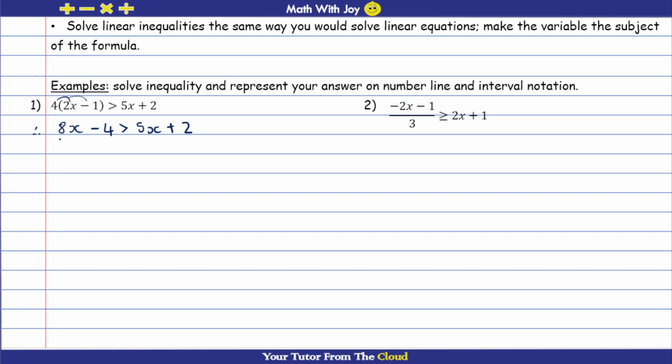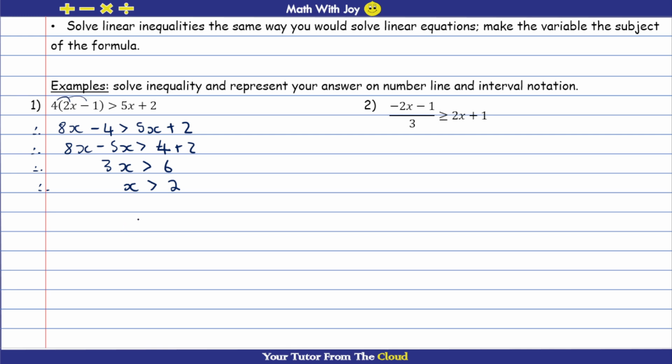Then I take the variables to one side. I have 8x minus 5x greater than positive 4 plus 2. Then I'm going to get 3x is greater than 6. I divide by 3 on both sides. I get x is greater than 2. So this is our answer after we solve the inequality.